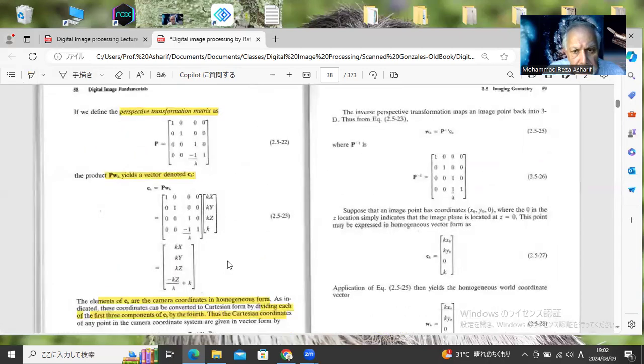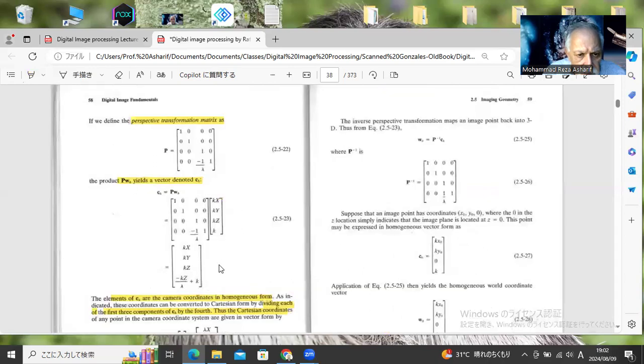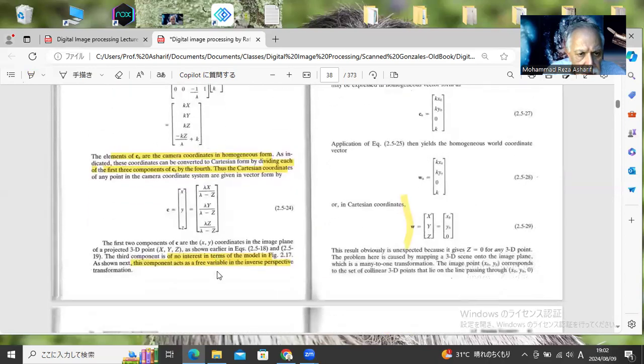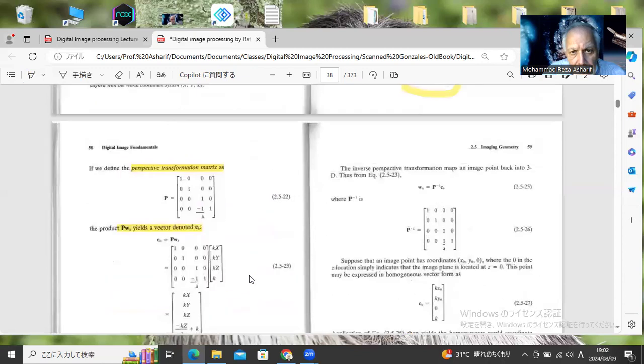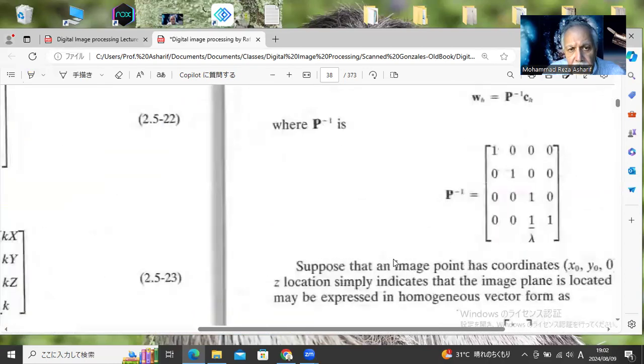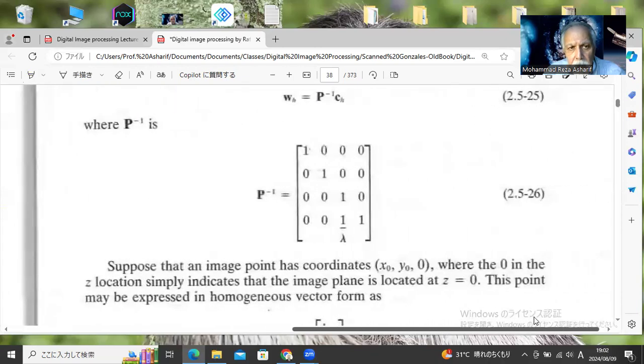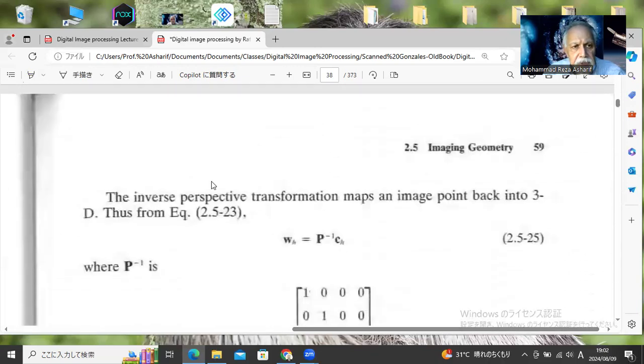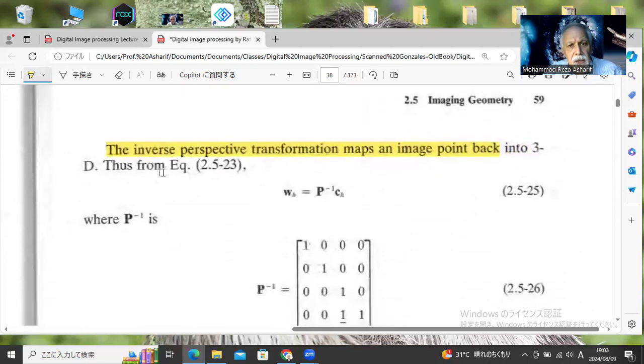So let's stop here maybe, and then I will continue from here. For the inverse transformation, the inverse perspective transformation, I mean the inverse transformation maps 3D into 2D.